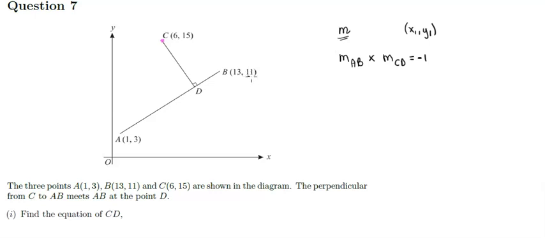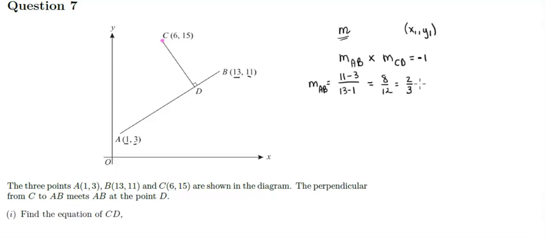So the gradient of AB will be 11 minus 3, change in y, over 13 minus 1, change in x. So this is going to be 8 over 12, which is 2 over 3. So this is the gradient of AB.